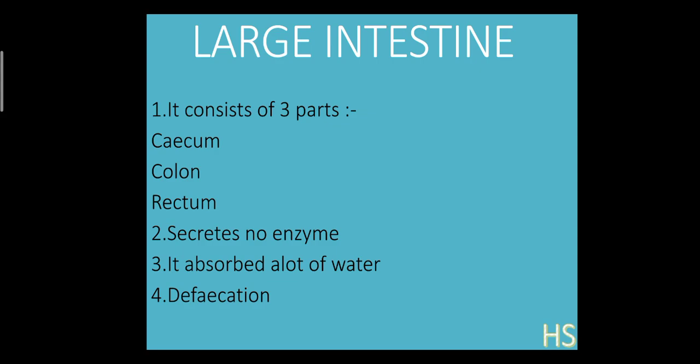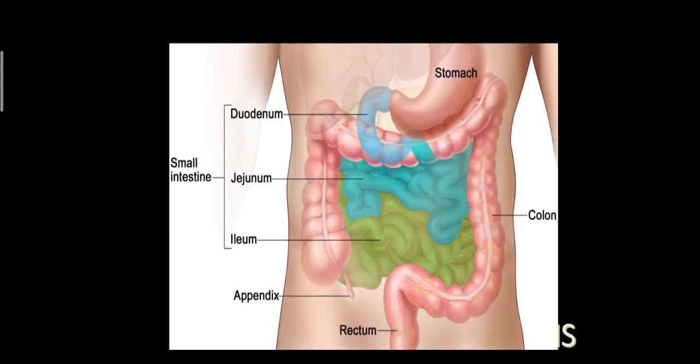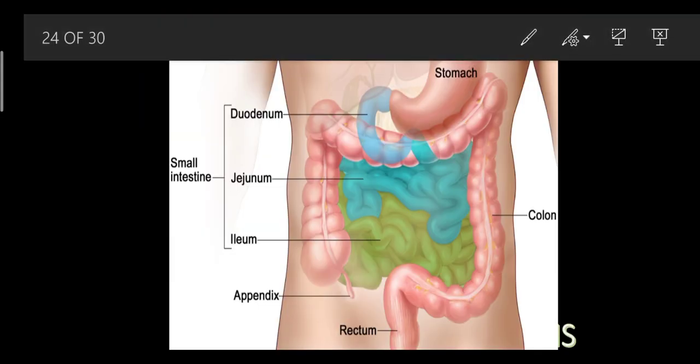The small intestine is larger in size as compared to the large intestine. So why have we given them these names? Due to the difference in their diameter. This is the diameter of the large intestine, and this is the diameter of the small intestine.